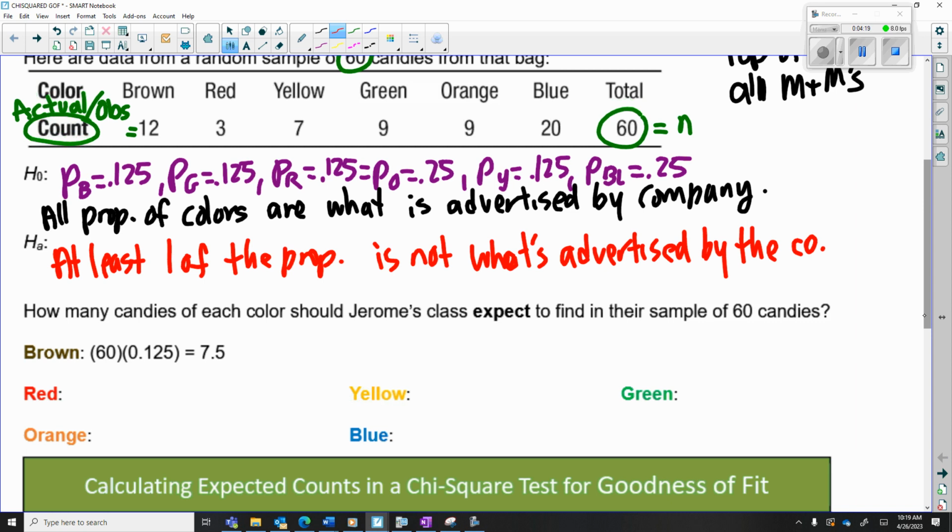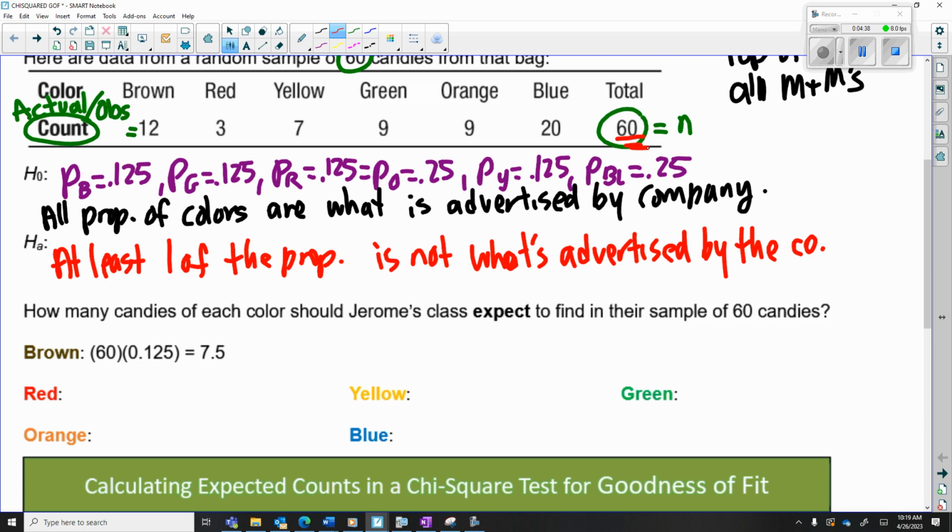So now what we have to do is calculate the expected values that would have been if indeed the breakdown was what was advertised, because there are 60 M&Ms in our bag, that's N, and we want to know what they would have been if they were as expected.